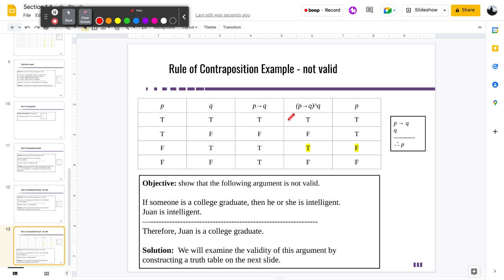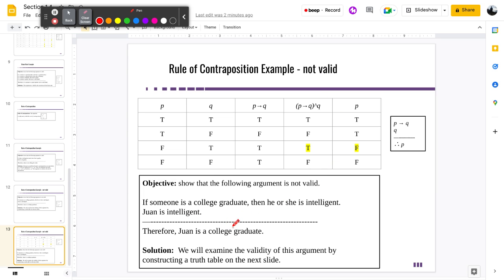We do have a valid situation across the top. But in this particular scenario, we can find an invalid statement right here, because the conjunction is true, but the outcome is false. And because of that, this is a not valid argument.